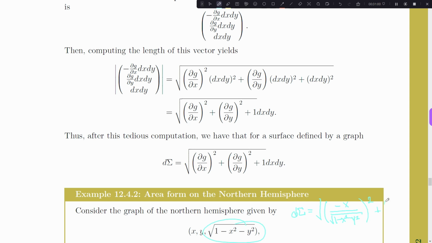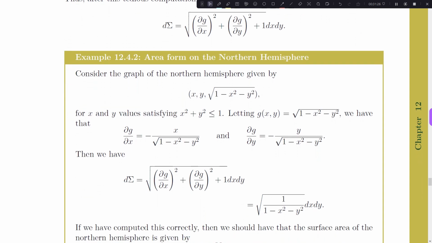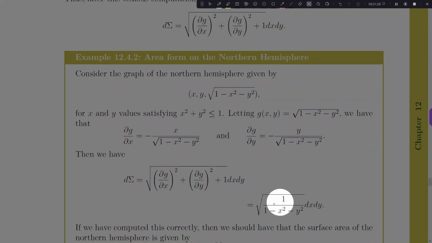And if I take the derivative with respect to y, I get negative y over root 1 minus x squared minus y squared. You can verify those yourself if you want. Plus 1, that's my d sigma that I'm going to use. It's pretty clear that this will simplify a little bit, but we'll scroll down and see how it simplifies. It simplifies as just 1 over root 1 minus x squared minus y squared.